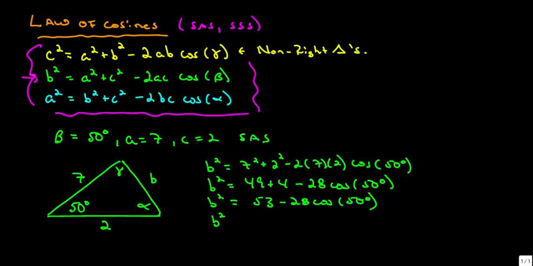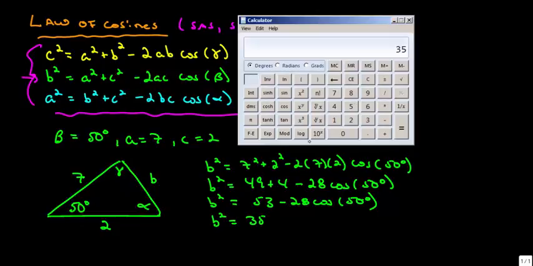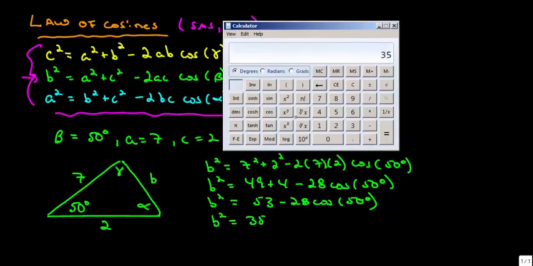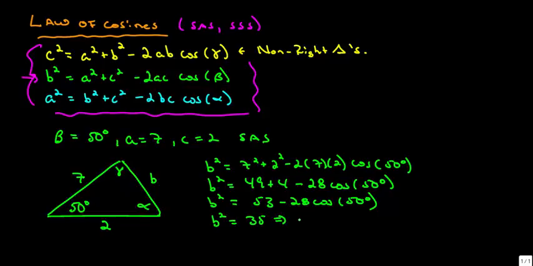So b squared is equal to 35, which means that b will be equal to the square root of this. So let's see here, it looks like I get 5.91 or 5.92 if I round it. Now you might say, well, it's plus or minus that value, but remember, b is a positive number because it's a length, so we'll go with the positive version of this.